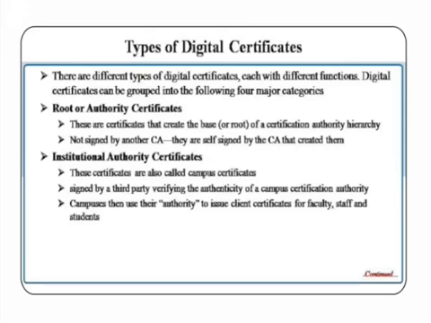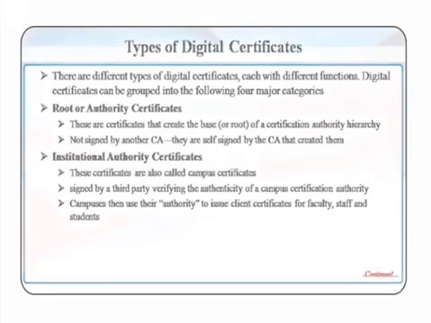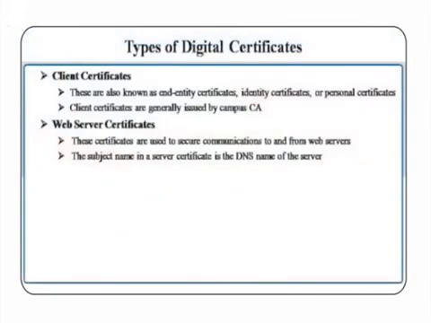Second, institutional authority certificates. These certificates are also called campus certificates. These are signed by a third party, verifying the authenticity of a campus certification authority. Campuses can use their authority to issue client certificates for faculty, staff, students, and other members. Third, client certificates.